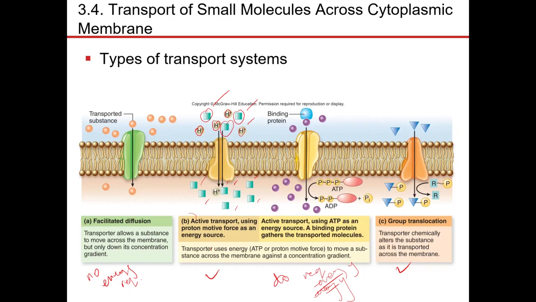So that requires energy, right? Here in this case, the energy is provided by the proton motive force. The influx of hydrogen ions into the cell will produce energy, and that energy would be used to bring the green boxes in. So the bringing of the green boxes in actually requires energy because this is going against the concentration gradient.